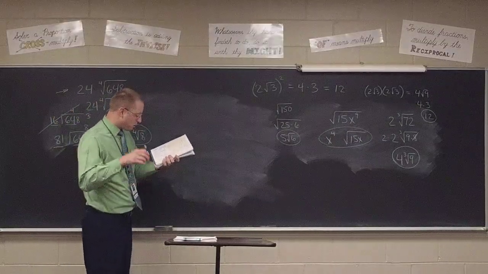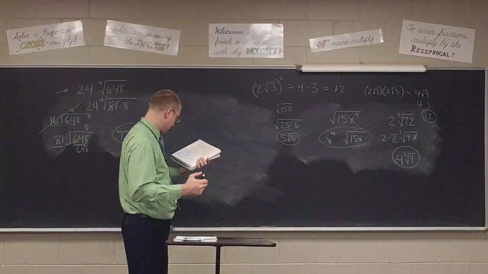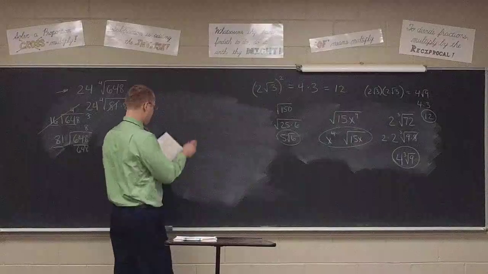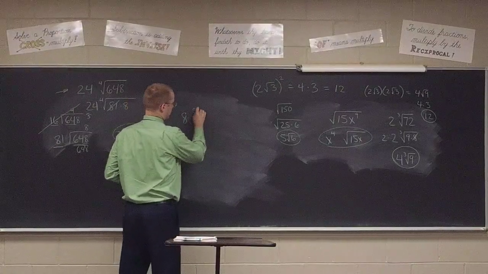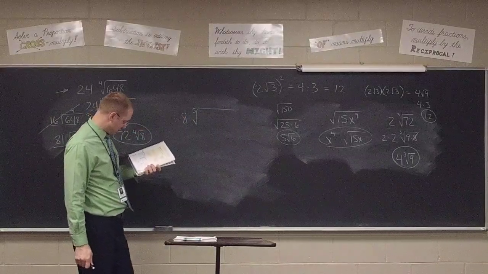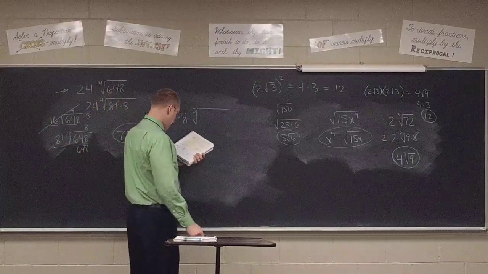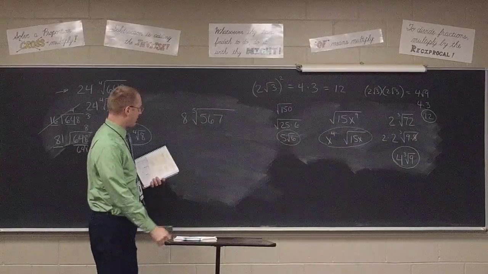All right, number 21, Noah, what did you get for your initial answer? 8 times the square root of... What's the fifth root? 567. I'm going to take your word for it because I'm not sure what it is, actually.